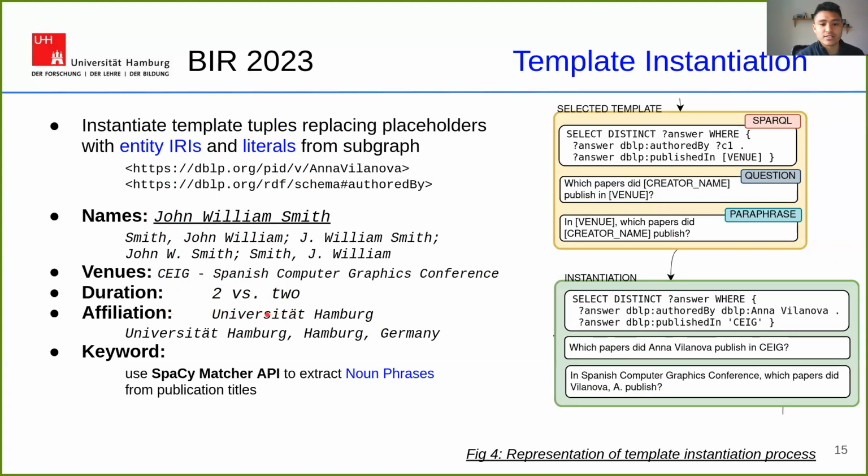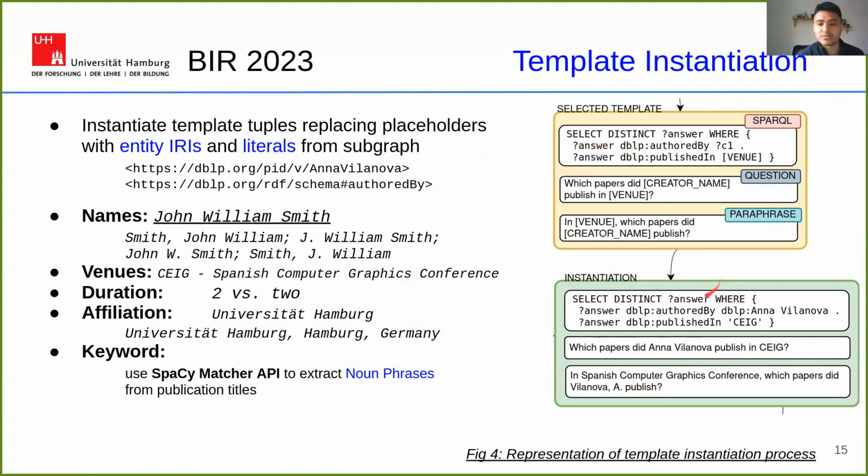For affiliation, we either use only the university name or the full address of the institution. For disambiguation queries, we only use partial parts of the title, for which we use the spaCy Matcher API to extract the noun phrases.